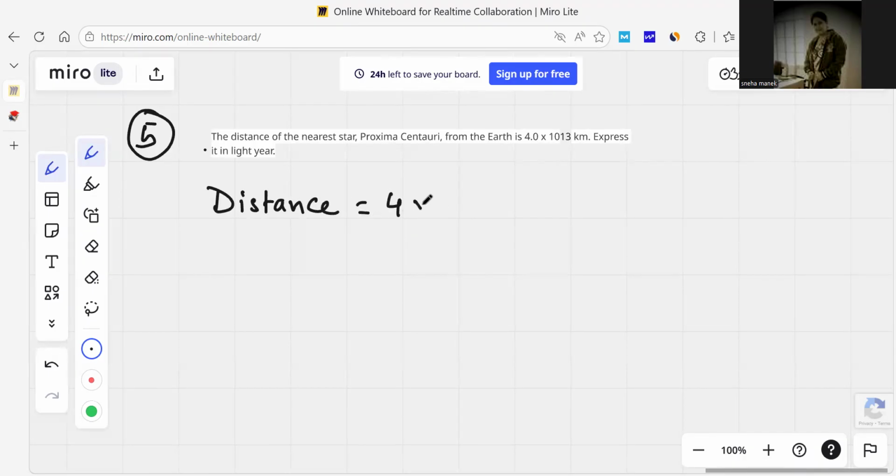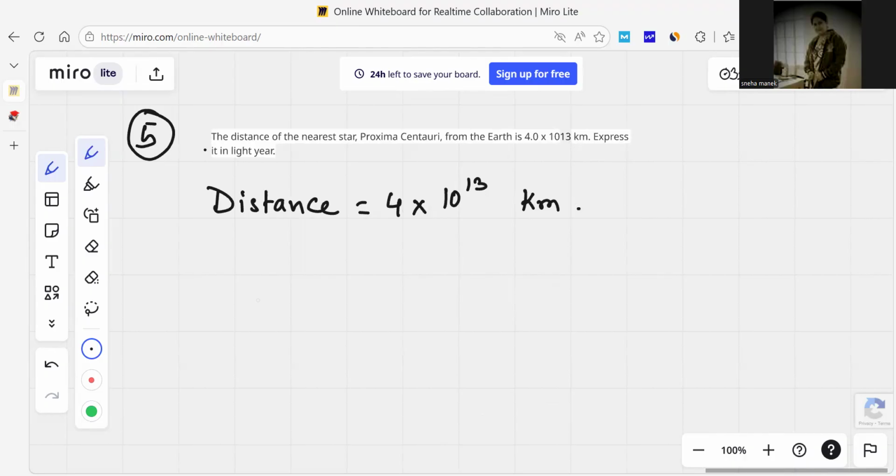Distance equals 4 into 10 to the power. Here, because it's copied and pasted from another source, it looks different. So the question is 4 into 10 to the power 13 kilometer.